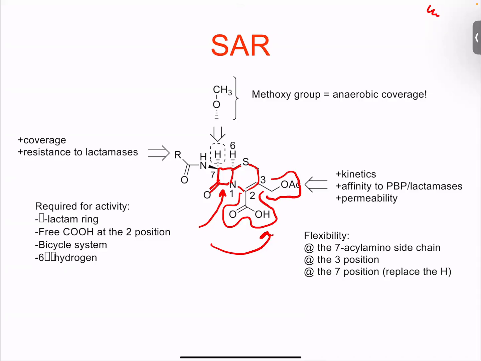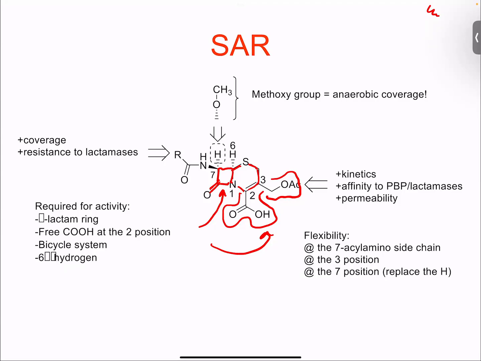But what we see is this 3 position has been elaborated significantly in some of the newer derivatives. You'll note there are some charge issues associated with the 3 position. Incorporating a lot of basicity and positive charges into that 3 position substituent actually does wonders for some of these molecules to get into the periplasmic space of susceptible bacteria.